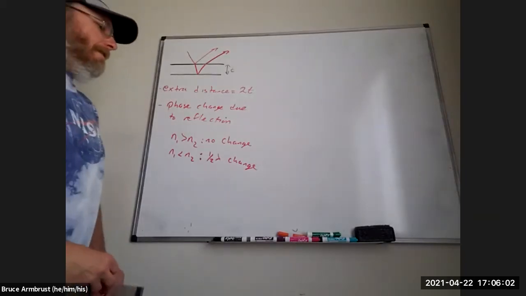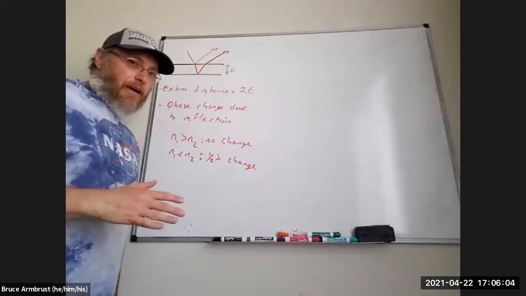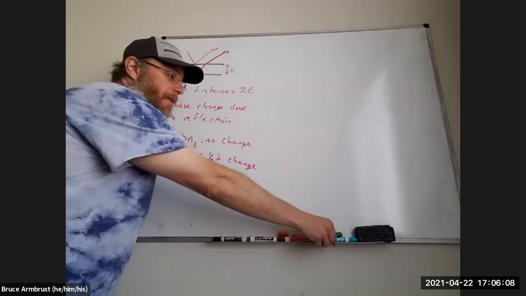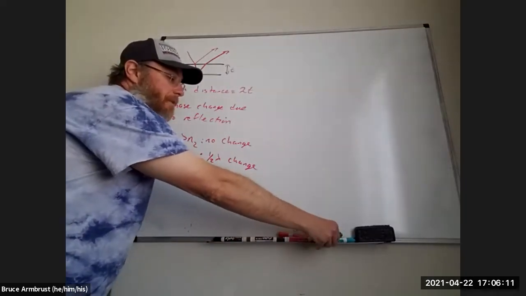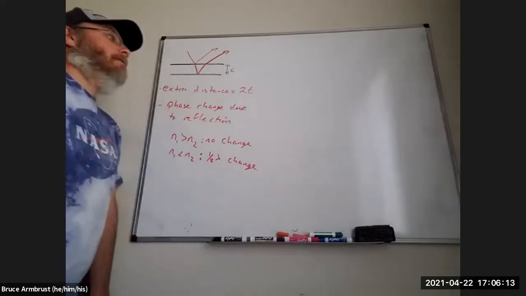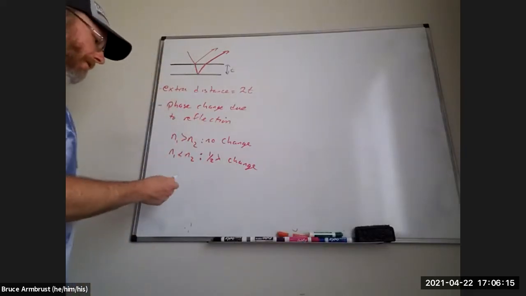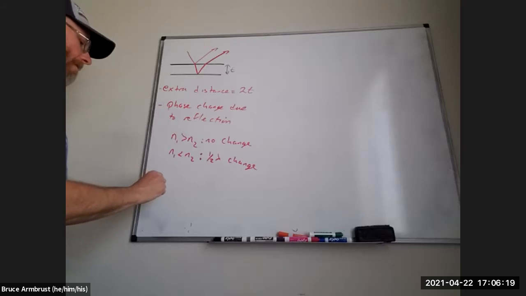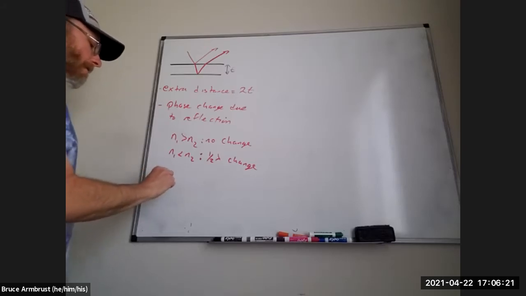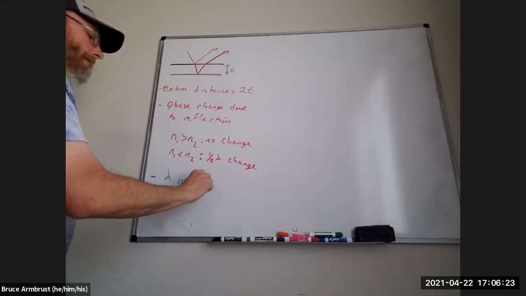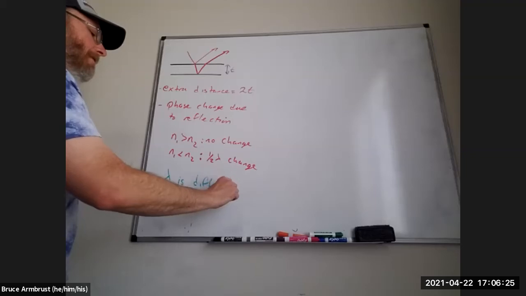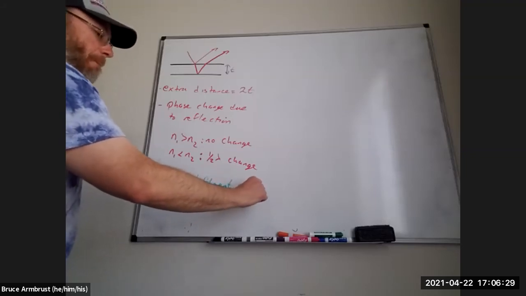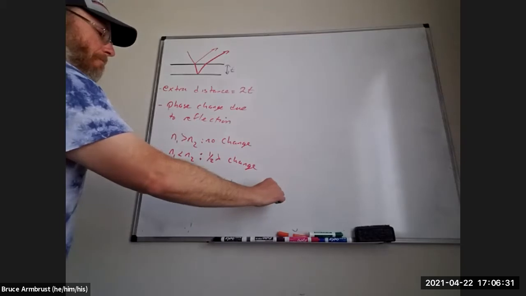The last bomb I dropped on you at the very end of class last time was that the wavelength actually changes in the material. I'm going to do this in a different color on the board to draw your attention to it. It turns out that the wavelength is different in the medium.